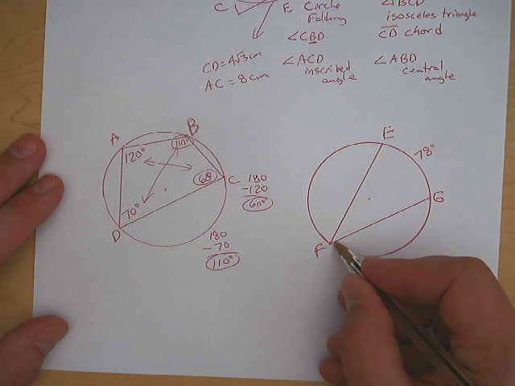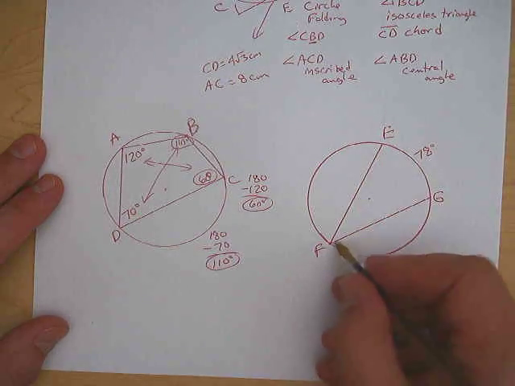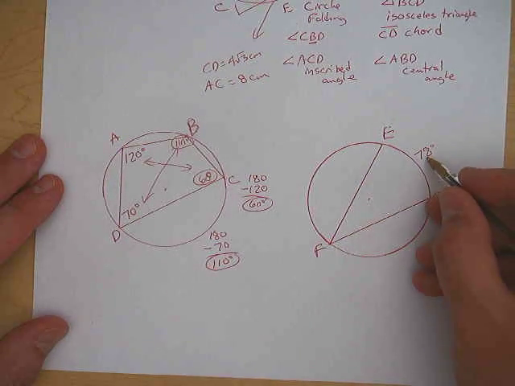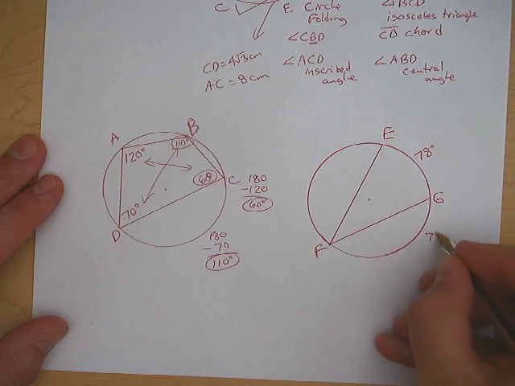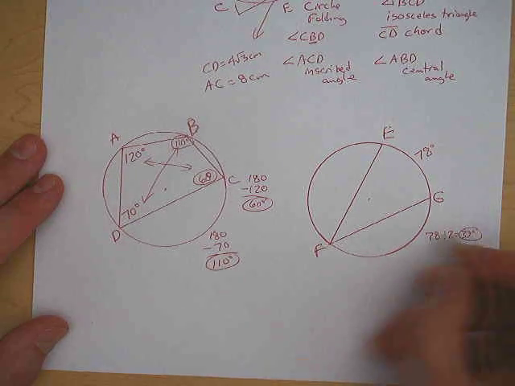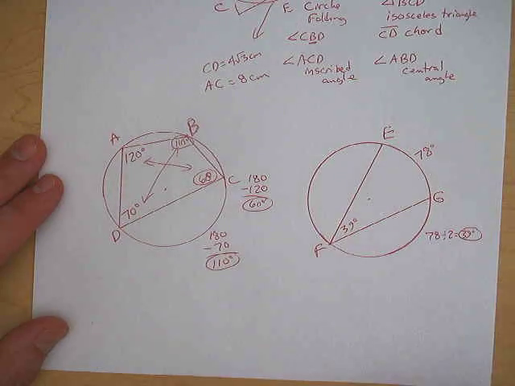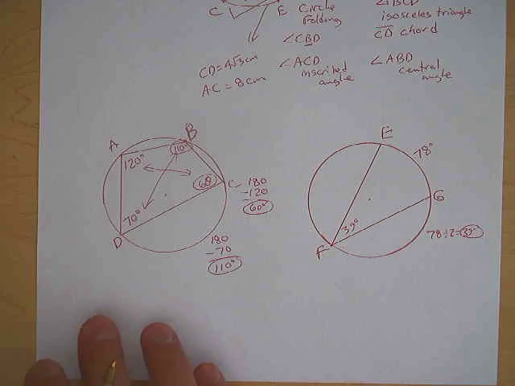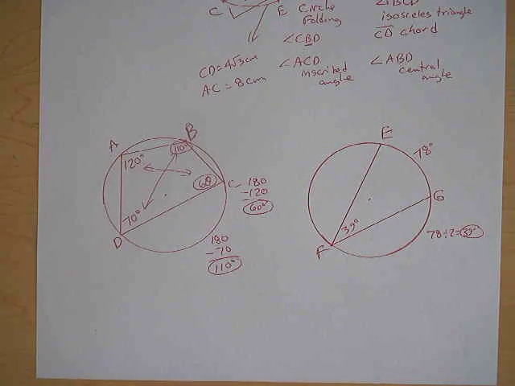Okay, let's say I'm given an arc, let's say this arc is 78 degrees, and I want to figure out what angle F is, EFG. I know that an inscribed angle is half of its intercepted arc, so I take half of 78, or 78 divided by 2, and that gives me angle F, which is 39 degrees.